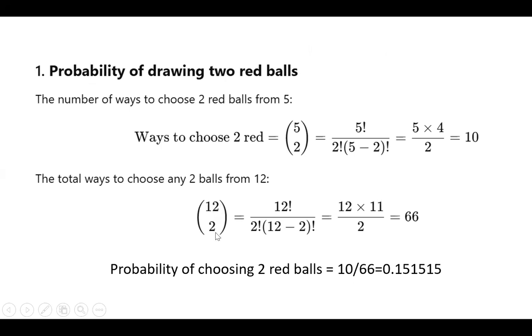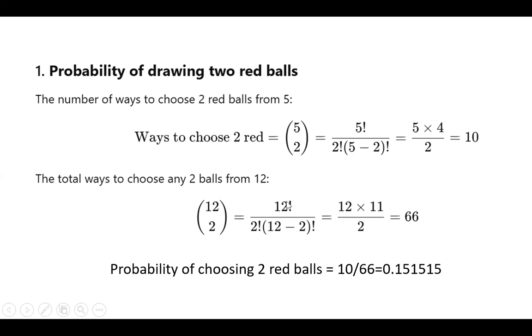It is 12C2, which by definition is 12 factorial divided by 2 factorial into 12 minus 2 factorial. It's 12 into 11 by 2 factorial. When you calculate in Excel, you use the formula FACT in brackets 12. When you divide by the denominator, ensure that you put double brackets here.